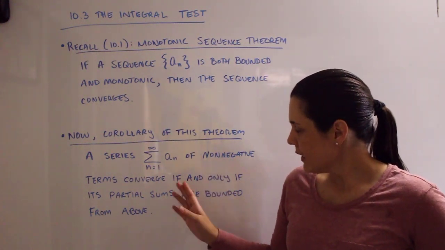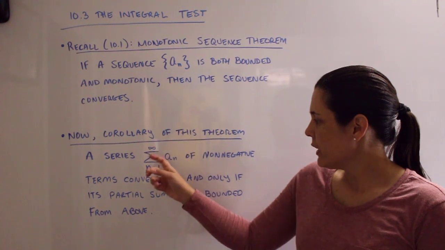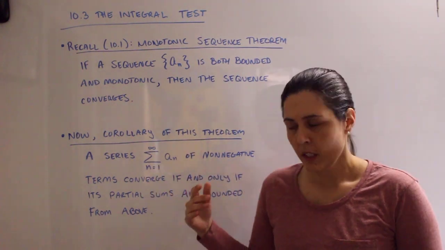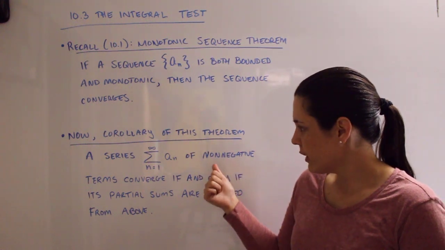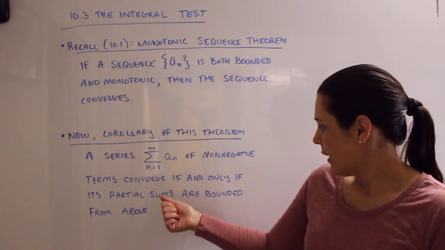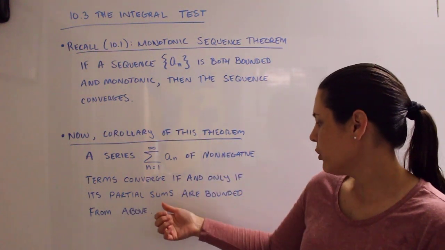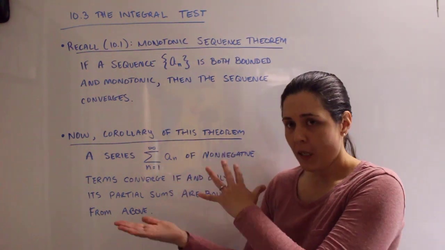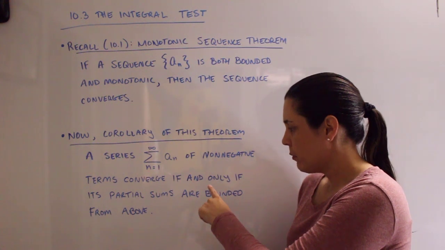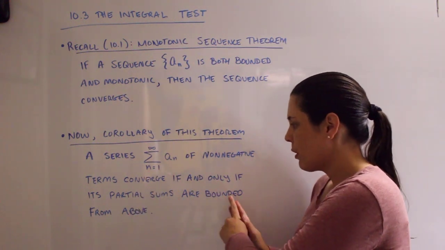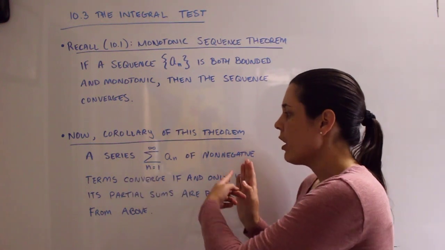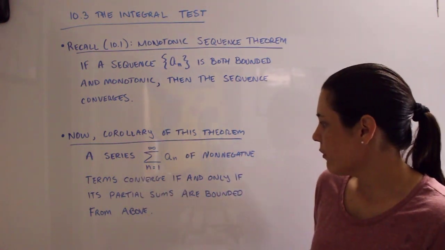Remember, with a series, you're adding the terms. So if you have a series where the terms are not negative, so they're positive or zero, then it converges if its partial sums are bounded from above. And exactly the opposite, that's what the if and only if means: if its partial sums are bounded from above, then this series of non-negative terms must converge.